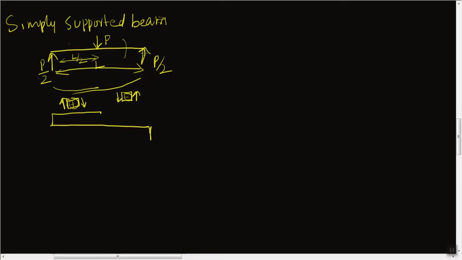Because it is easy, this section is nearer to this side, and the algebraic sum of all the forces on this side of the beam is nothing but P by 2 itself, and from here we can say that it is of negative nature. Okay, so it is P by 2 with negative sign. So this will become the shear force diagram where it is positive and here it is negative, and this is our reference line.